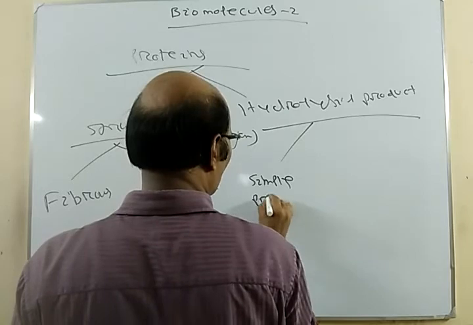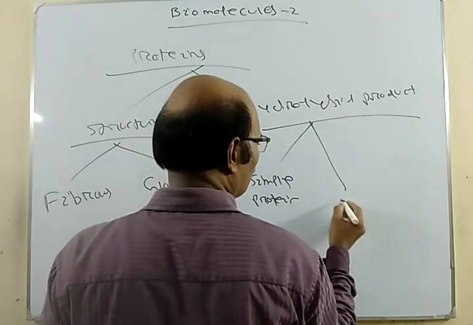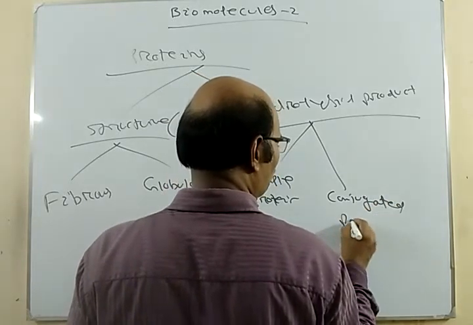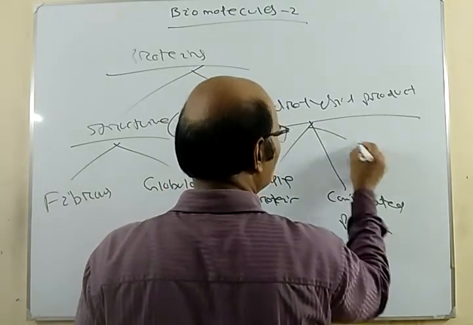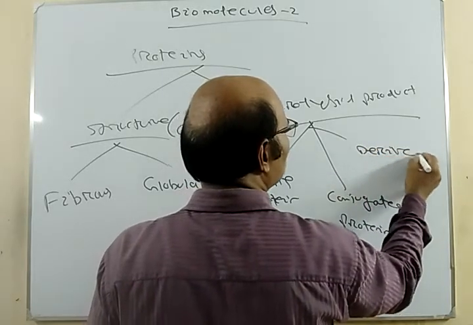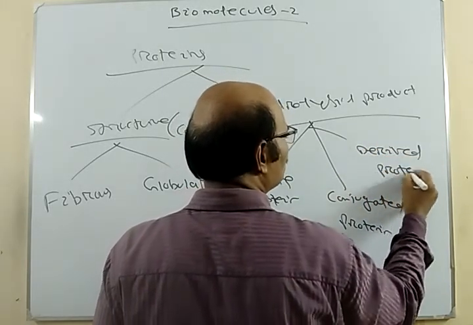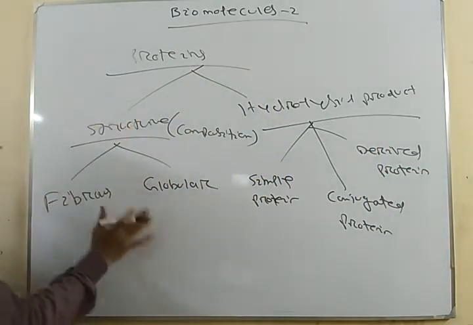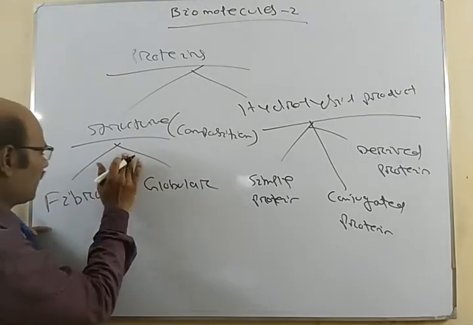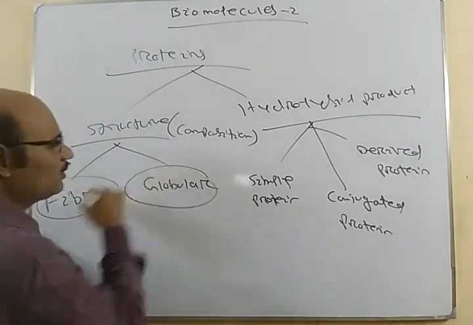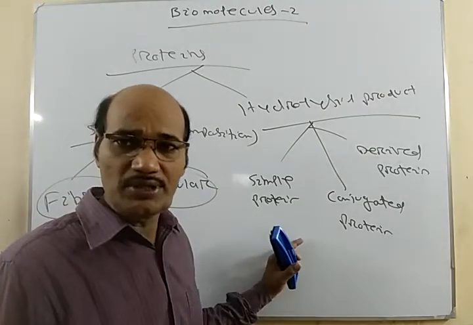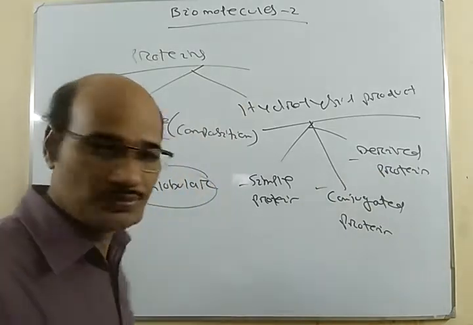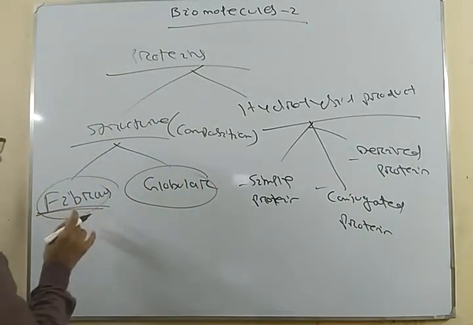On the basis of hydrolysis product, the proteins can be simple protein, conjugated protein, and derived protein. So basing on the structure, the proteins can be fibrous or globular, and basing on the hydrolysis product, the protein can be either simple, conjugated, or derived protein. Now, what are fibrous proteins?